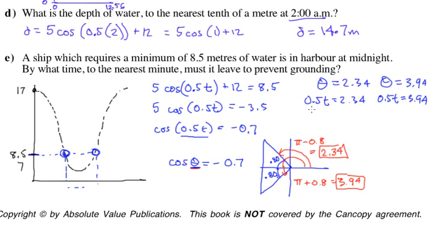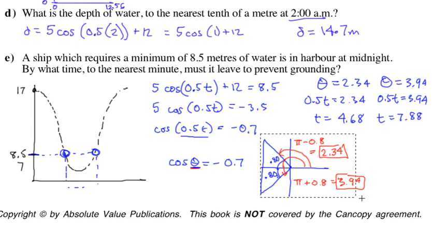So to finish solving these, we divide them both by 0.5, and we get either t is 4.68 or t is 7.88. Those are times, and they're in hours. If we want times to the nearest hour and minute, we have to do a little bit of tweaking to make these behave for us.